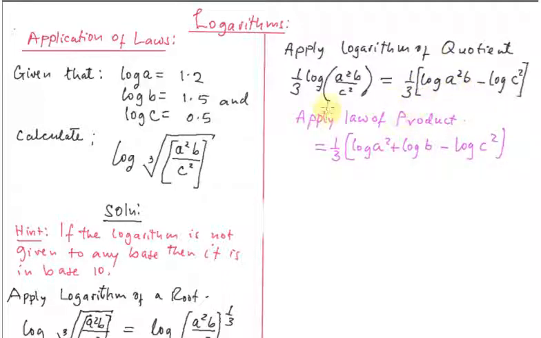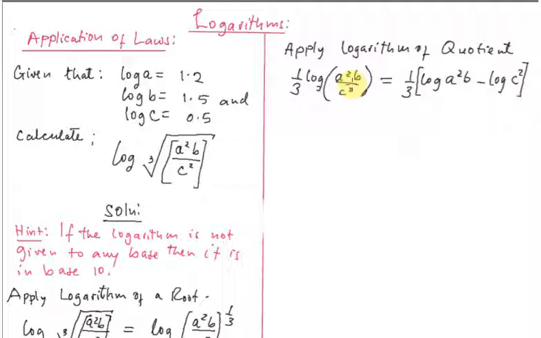So you're applying the logarithm of quotient here. 1 over 3 log of a squared b over c squared is the same as, because you see here we have a squared times b, logarithm of that, and then over c squared.